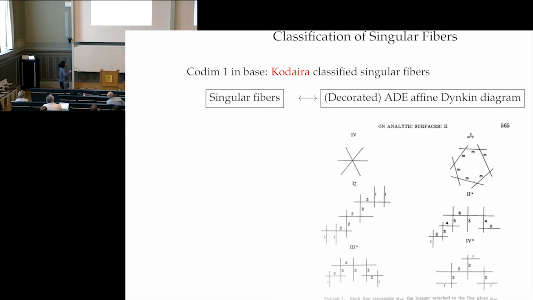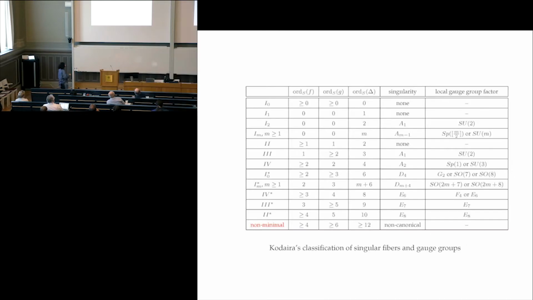So, for example, here is some A_n-type diagram. These are some exceptional diagrams here, and then there's somewhere also the D-types. So in codimension 1, there's a classic story, and in fact, given a Weierstrass equation, the vanishing orders of f, g, and delta tell you exactly in which case you are, what type of Kodaira fiber there is, and what sort of symmetry you have, some A_n, D_n, or some E type.